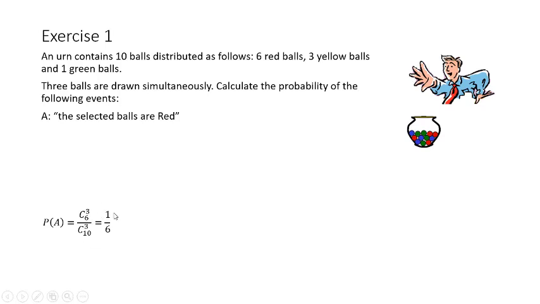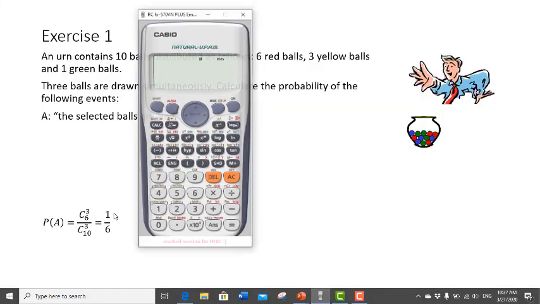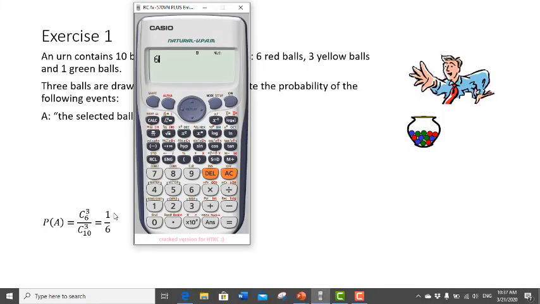And we can find the answer using the calculator. How? 6 shift divide 3 divided by 10 shift C3, and the answer is 1 over 6.